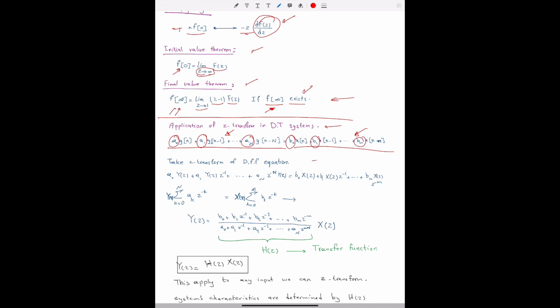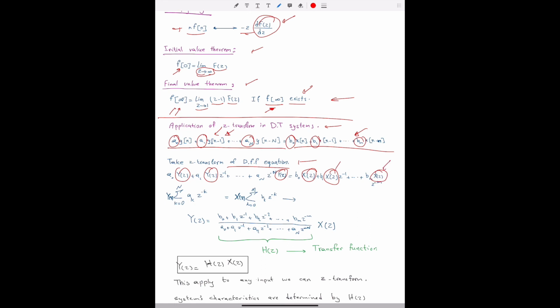And if we take the z transform of this, we would get a0 y of z, plus a1 z to the power of minus 1 y of z, until an z to the power of minus n y of z. We have the same thing for the right-hand side, but instead of y of z, we have x of z.